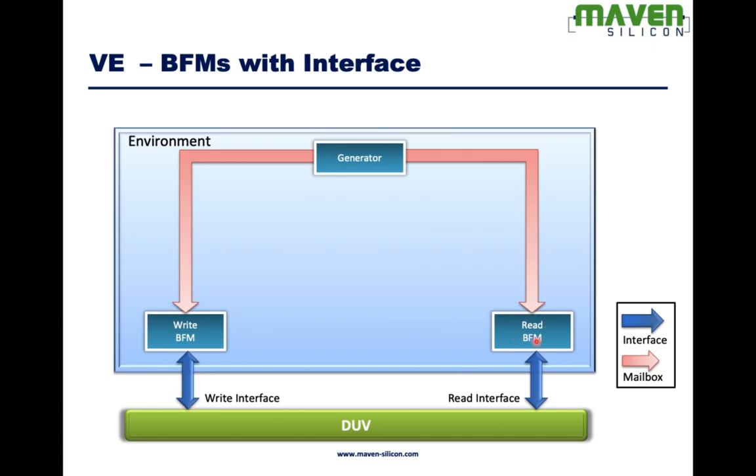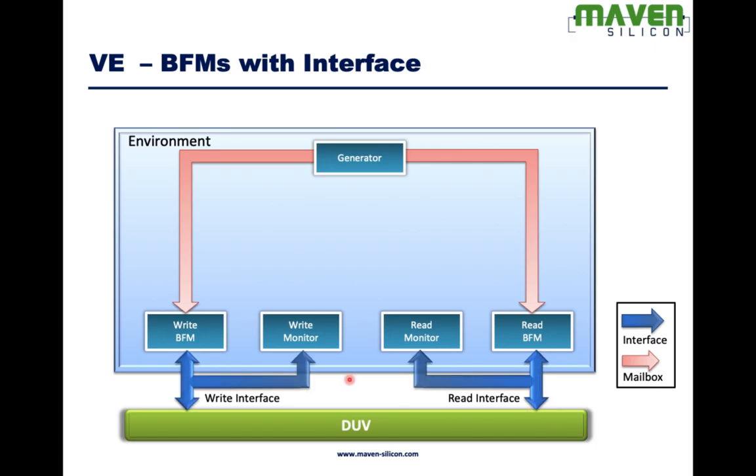And similarly, the read driver will be connected with the DUV through the read interface. And you create monitors. The monitors will also be connected with the DUV through interface. Look at this. So we use interface primarily to connect the BFMs, bus function models, in this case drivers and monitors, with DUV. Always remember this.